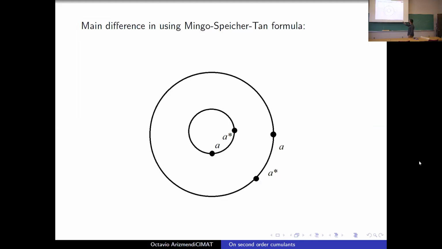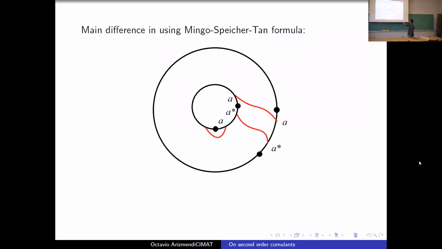And the main difference is that, as I mentioned before, the argument was that if I go from A star to A star, this guy won't be separated. Sorry, I cannot go from A to A star to A star because this is a second order R-diagonal element. However, I can go from X to X if this is even.